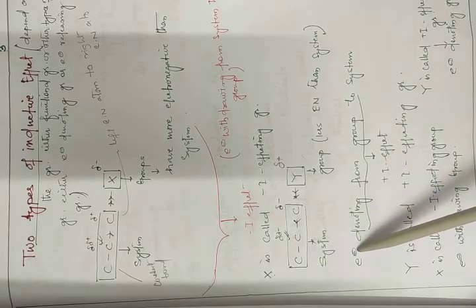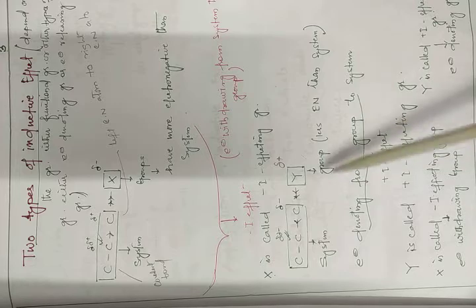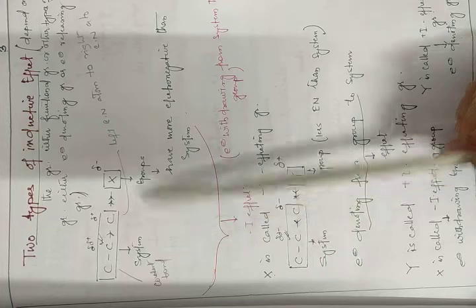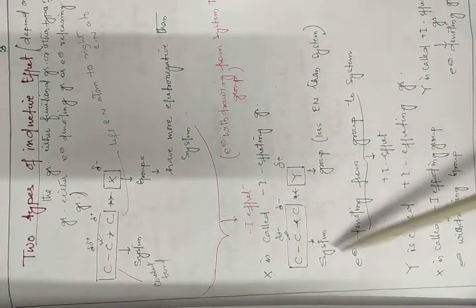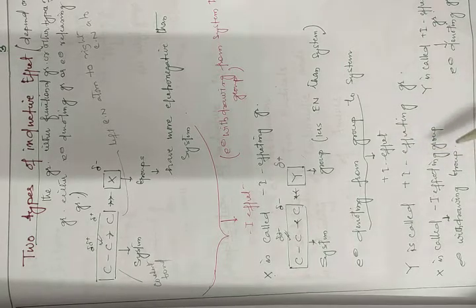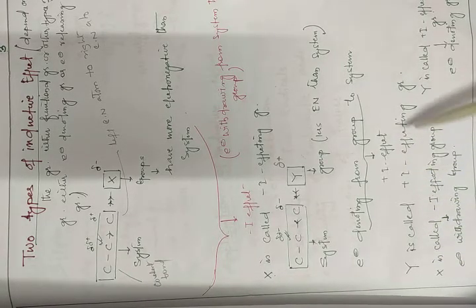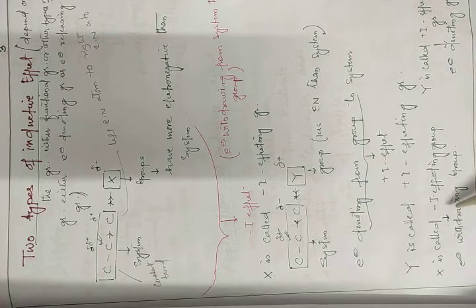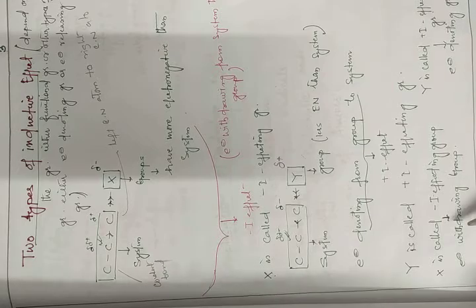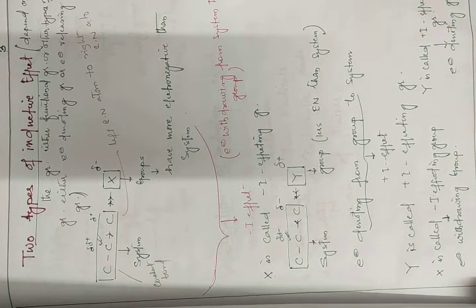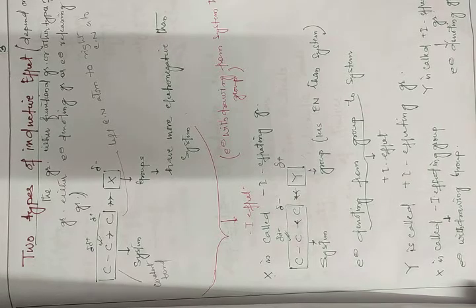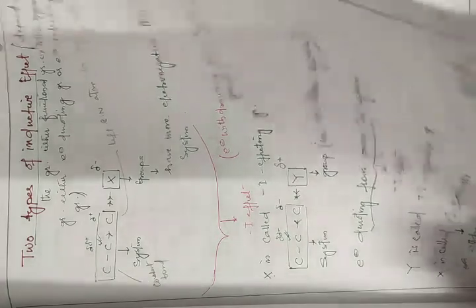And then the electrons will be donated from the group to the system. Before, it was system to group; here it is group to system, and that is the plus I effect. So Y is called the plus I effect group, and X is the minus I effect group. Minus I is an electron withdrawing group, and plus I effect is an electron donating group.